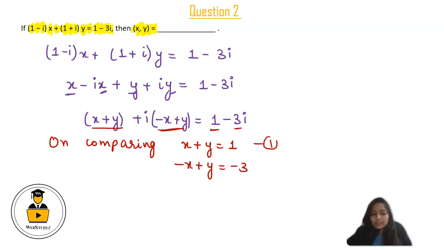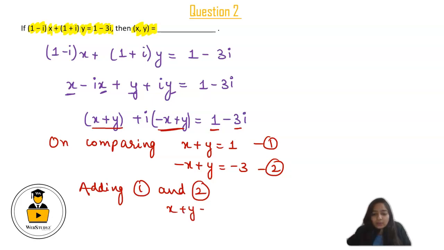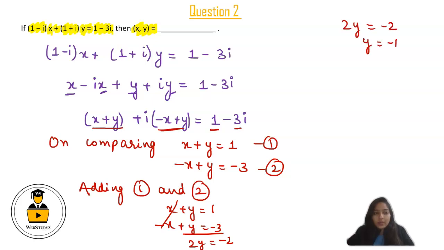So we have first and second equation. Now we will add these equations, solving by the method of elimination. We have x plus y is equal to 1 and minus x plus y is equal to minus 3. On adding, x gets cancelled. We have 2y is equal to minus 2, that means y is equal to minus 1.